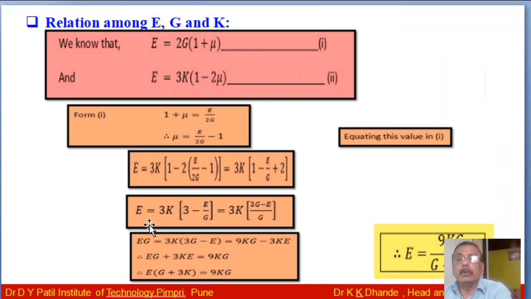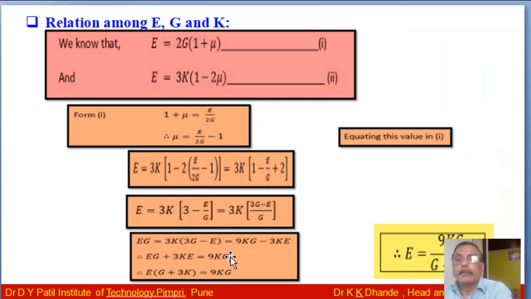So E is equal to thrice K times bracket 3 minus E upon G, which is 3K times 3G minus E, upon G. Cross multiplying, EG is equal to thrice K times bracket 3G minus E, which is 3 into 3, 9KG, minus 3K into E, minus thrice KE.